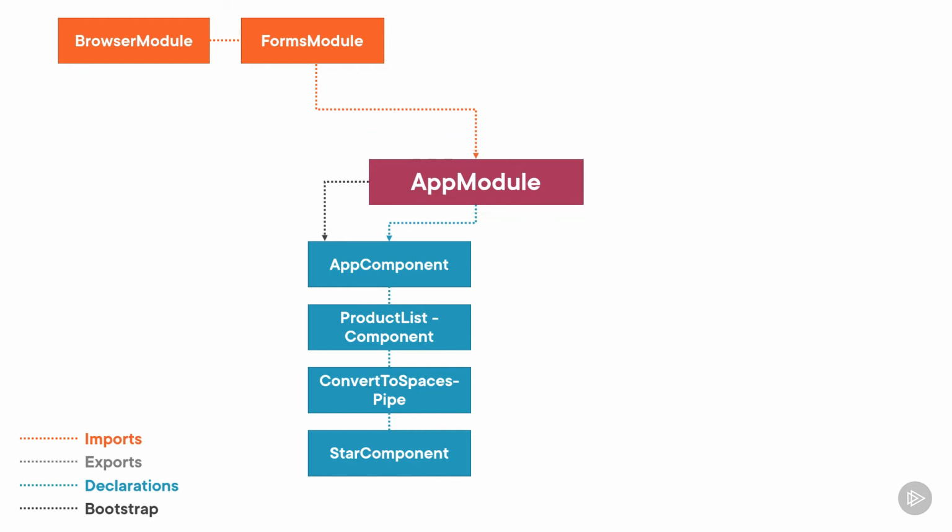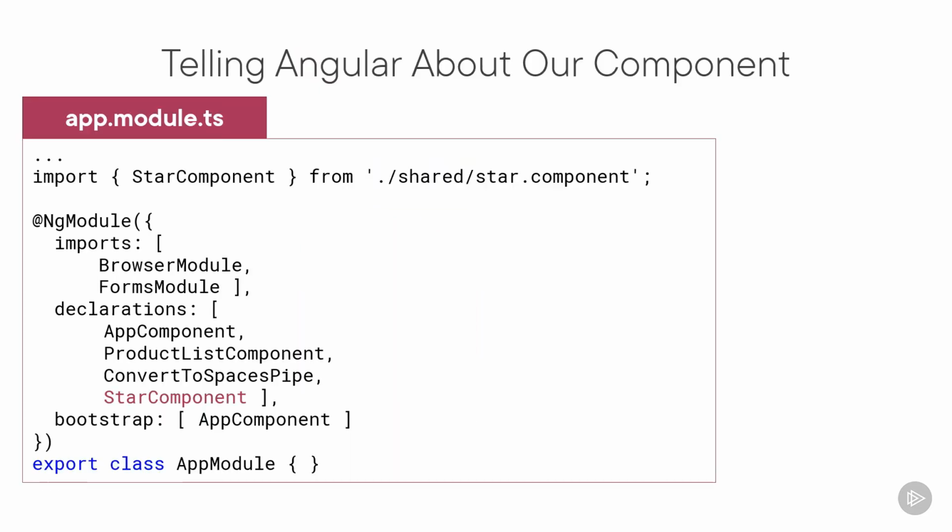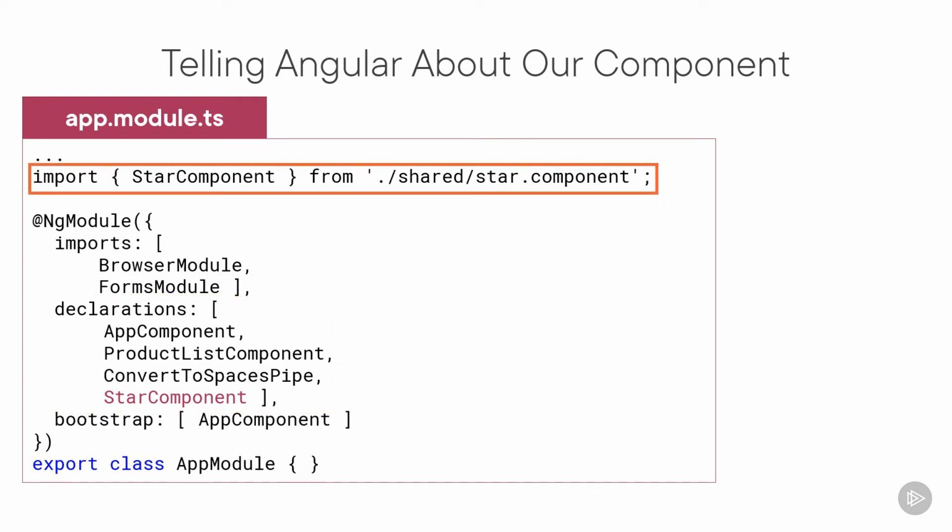In our example, the product list component's template wants to use the star component, so we add the declaration to the same Angular module that declares the product list component. We define the nested component in the declarations array of the NgModule decorator, and as always, define what we need by adding an import statement.